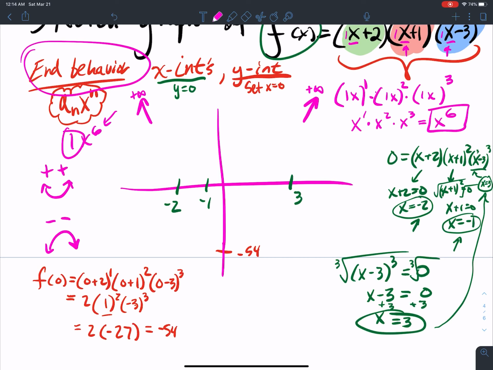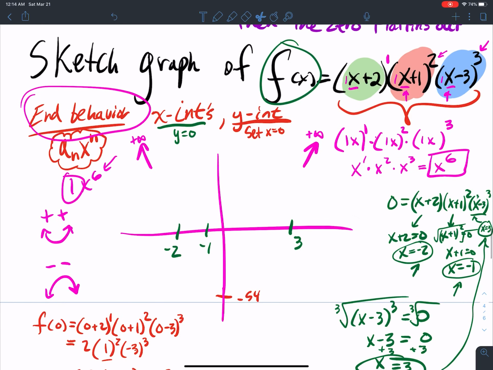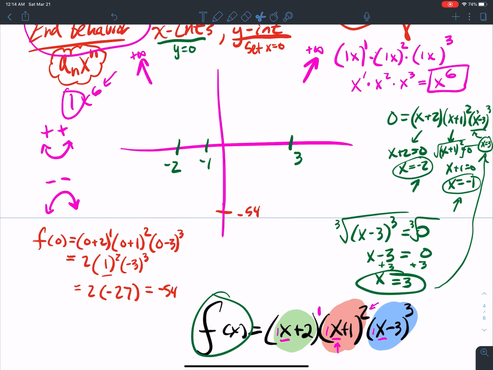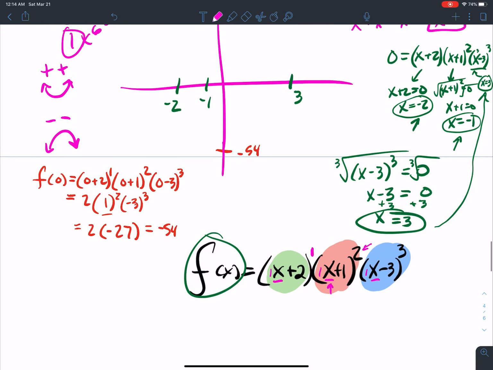All right. So look at the multiplicities. Okay, so let me copy this. We'll talk about the multiplicities for each. So this one has a multiplicity equal to 1.